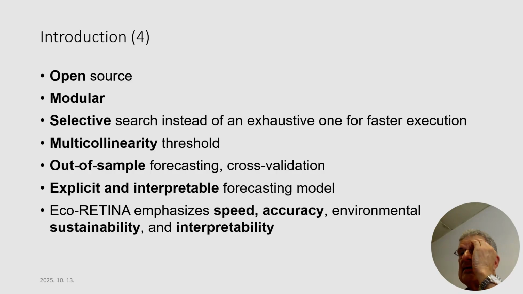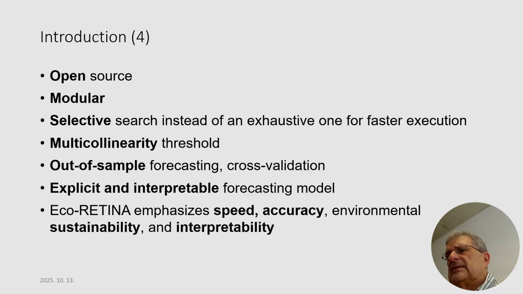Other characteristics of this algorithm are that it is open source, it is modular, it uses a selective search instead of exhaustive search, and it uses a multicollinearity threshold to control for multicollinearity. It is based on out-of-sample forecasting and useful for cross-validation.